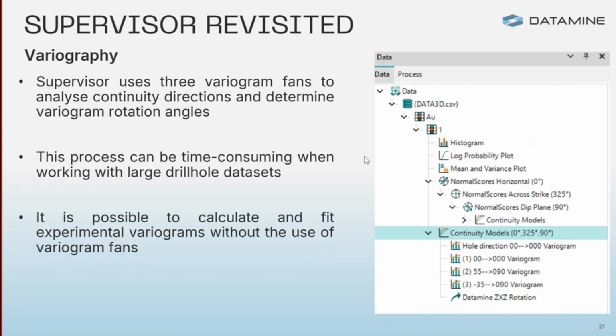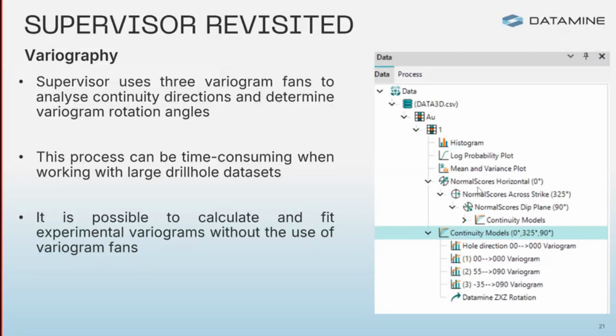The next one with variography is that traditionally, when we compute the variograms in Supervisor, we use 3 variogram fans, and after inserting the 3 variogram fans, we have the continuity models, and then we go and model the variograms in the directions that we selected in the variogram fans. Look, this is the standard process in Supervisor.